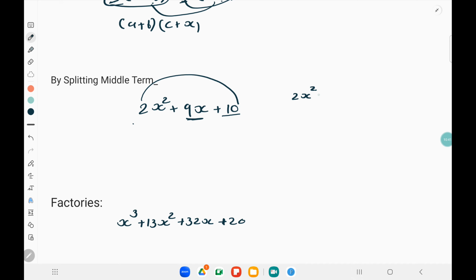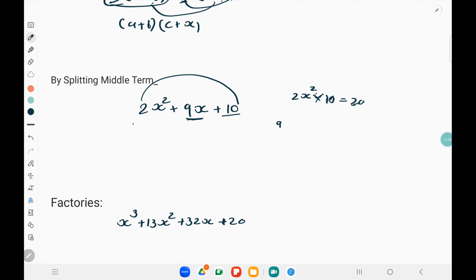So 2x squared times 10 is going to be 20x squared. Here we have 20x squared. We need factors of 20x squared which give us 9x. For a minute I forget about the variable, so that keeps our work easy.